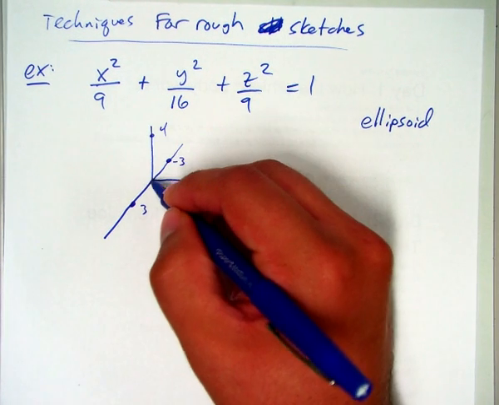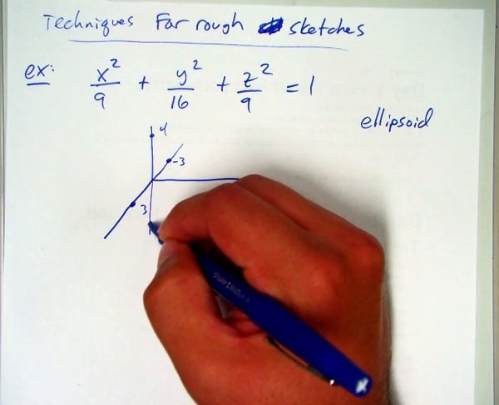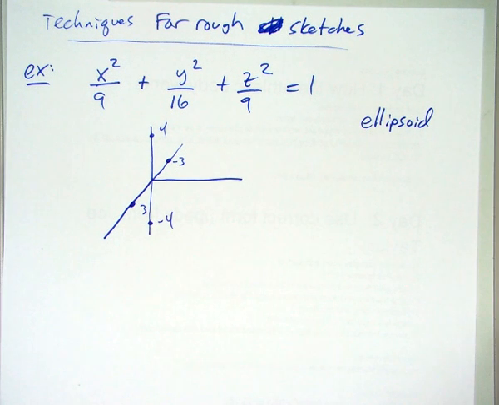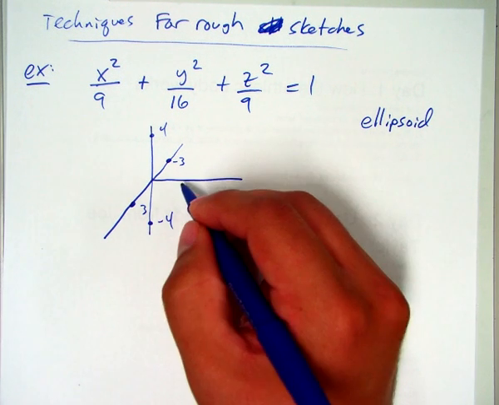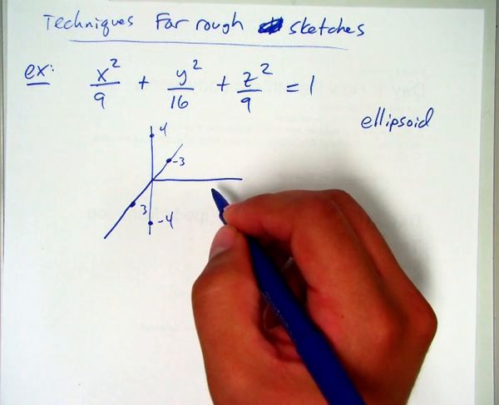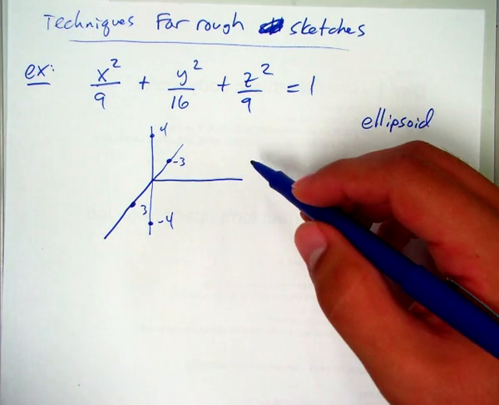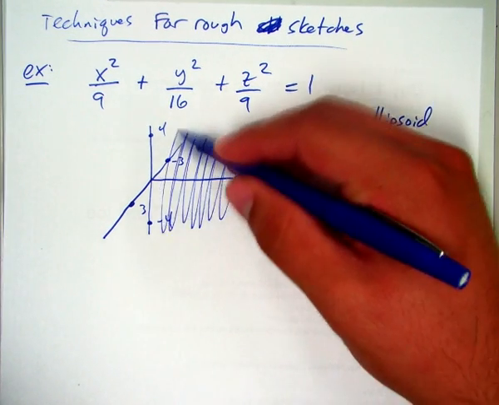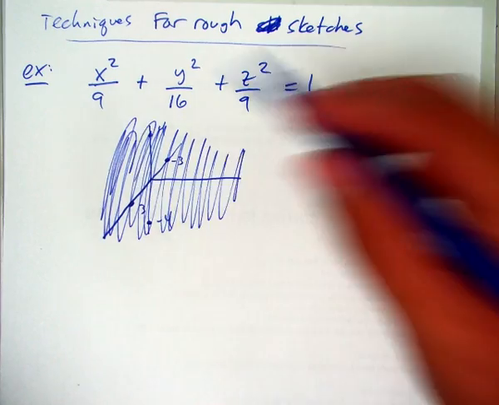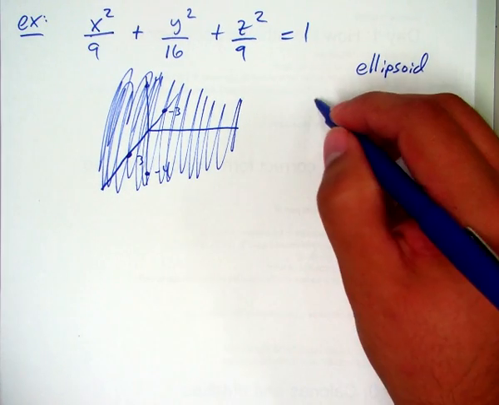Y? And then 3, negative 3. Oh, no. I screwed that up. Everybody makes mistakes, Eddie.